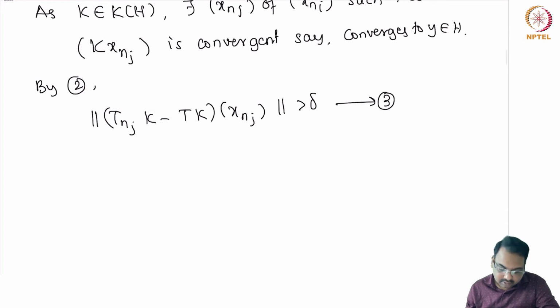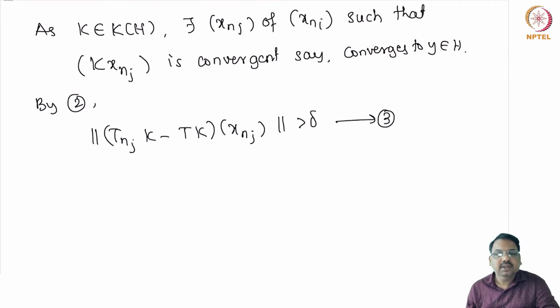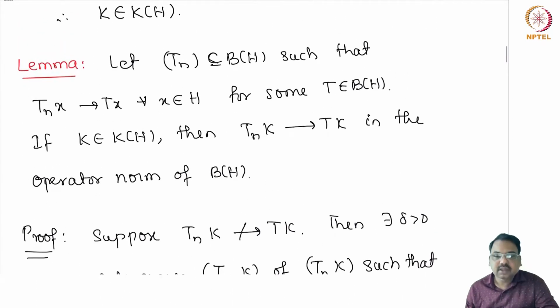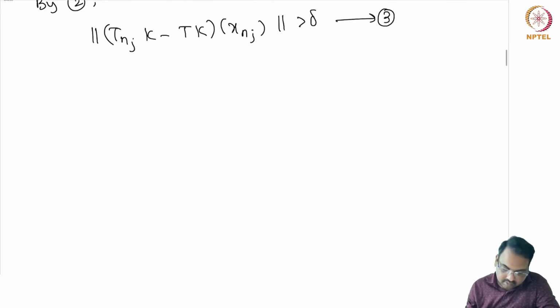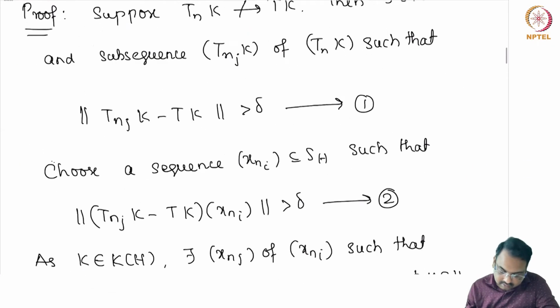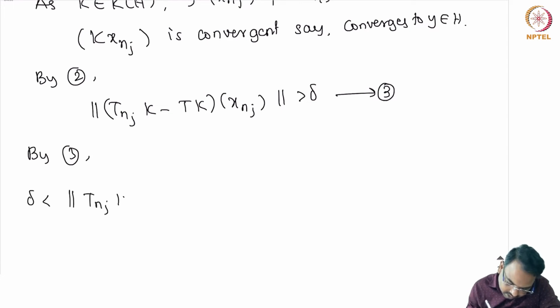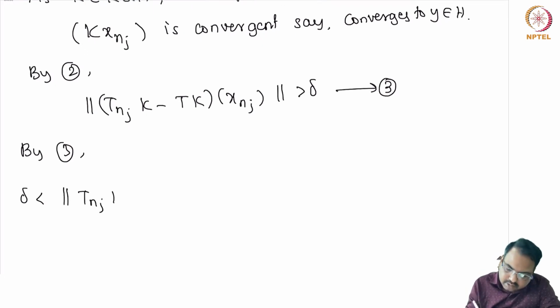Okay, now we want to show that TnK converges to TK in the operator norm. But we assumed that this is not true, so we should get a contradiction. So by 3, delta is less than norm of Tnj minus T acting on K xnj.